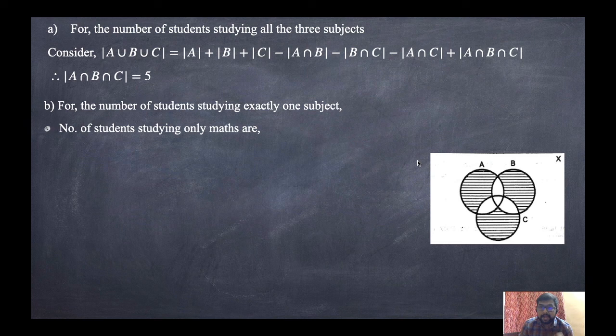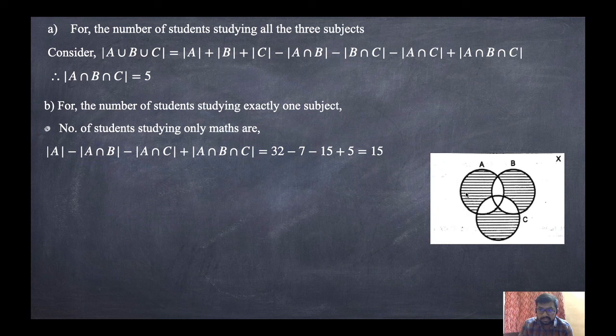So for only maths, what would be the formula? This is the cardinality of A, just consider this whole A. Now we will subtract the cardinality of A intersection B, that means this portion.